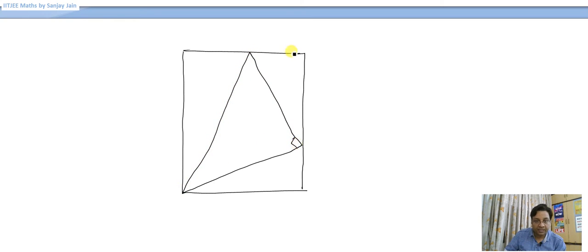Now this is a rectangle, so all of these angles are 90 degrees each. And this is the right angle triangle that I have taken, with this angle being the right angle. Now this time the only different thing I am doing here is I am taking this side as 1 unit, right? So this is very well possible, so I have taken it. Now again I'll take this angle as angle A, this angle as angle B.